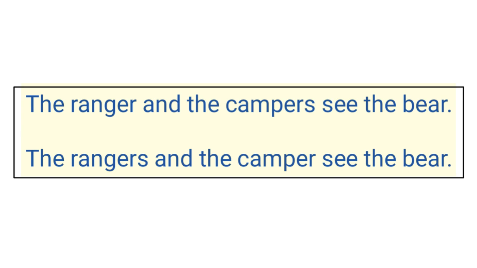Look at the second one. The rangers and the camper see the bear. No change. Why? Because it is connected by using and. The rangers is plural and the camper is singular, but we do not change the verb form because it is combined by using and.